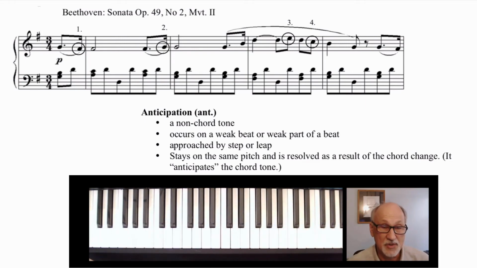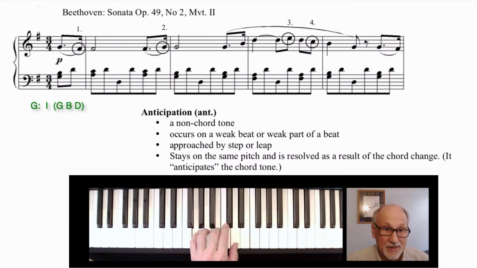Again, we're looking at the circled pitches. The first one we'll look at is in that upbeat measure. We have a G chord, G, B, D in the left hand, and we're in the key of G. That's a 1 chord, and the melody is G, a chord tone.